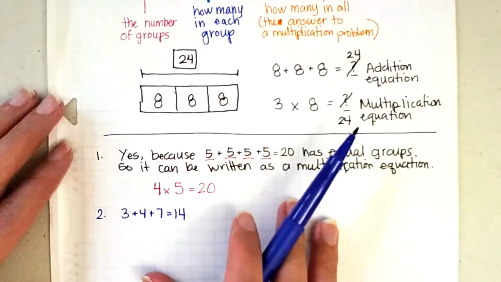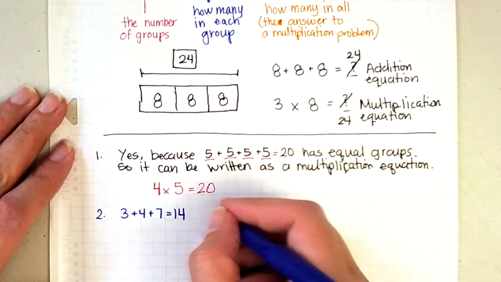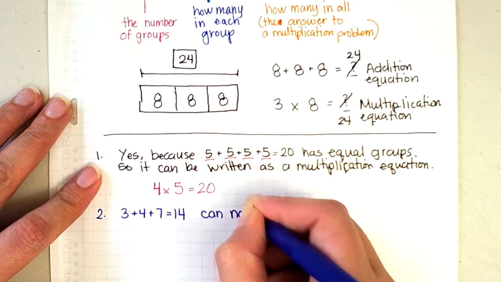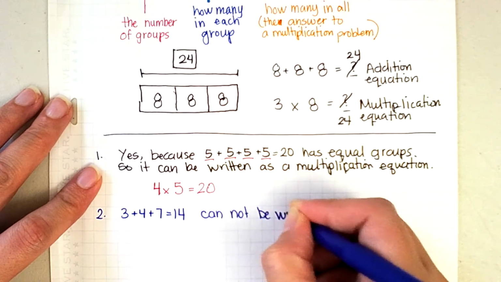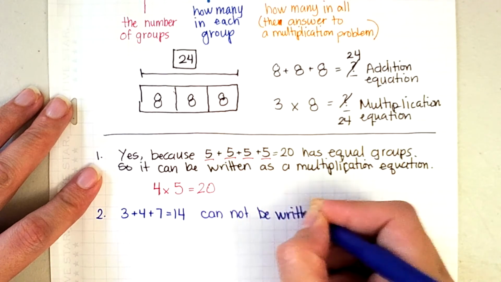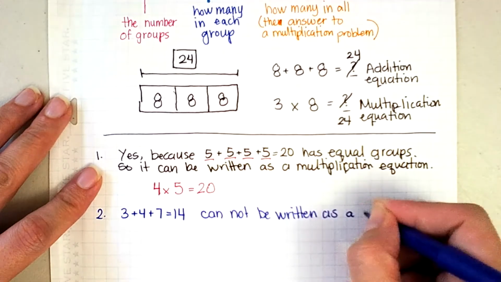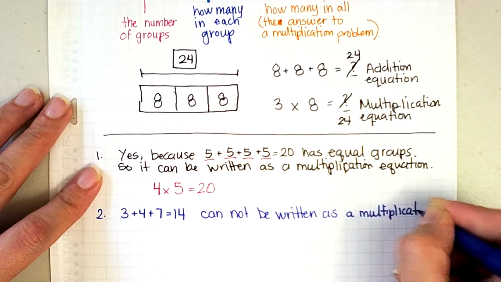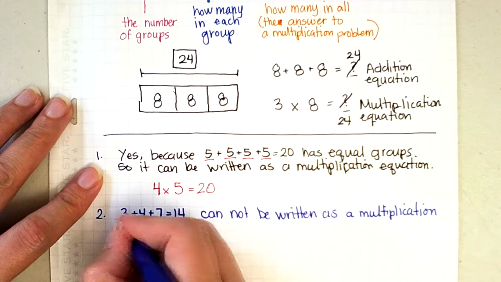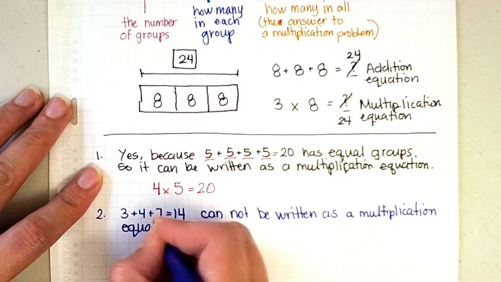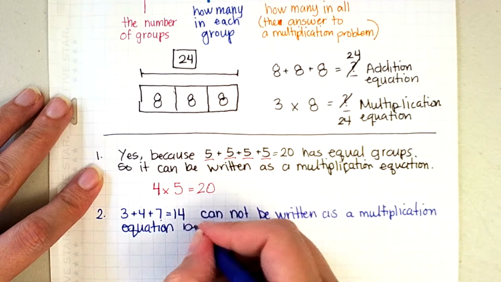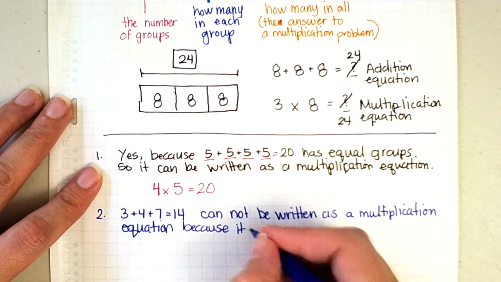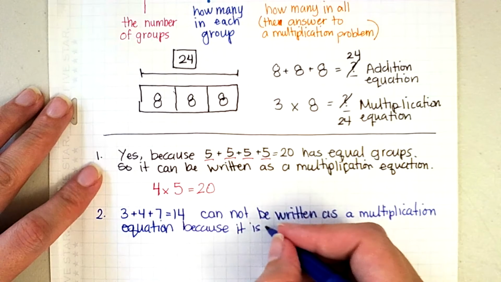So 3 and 4 and 7 are not made up of equal groups. So we're going to say 3 plus 4 plus 7 equals 14 cannot be written as a multiplication equation because it is not made up of equal groups.